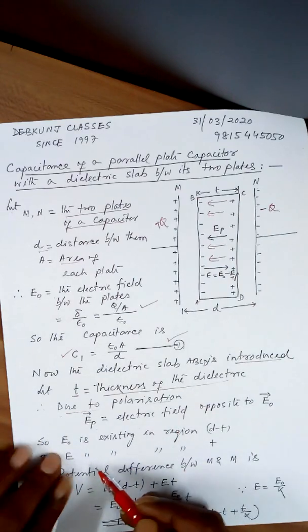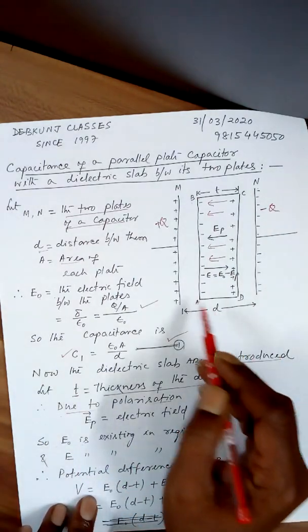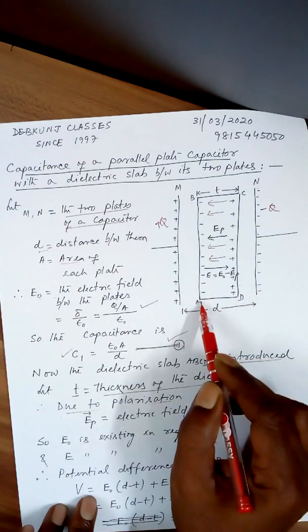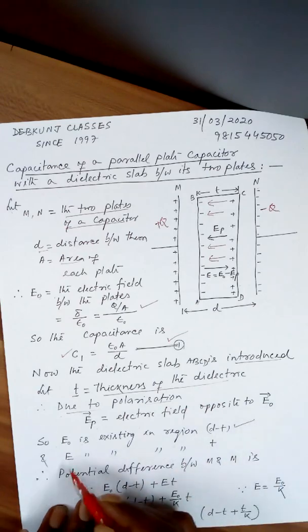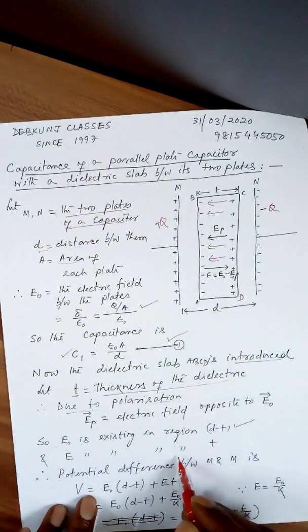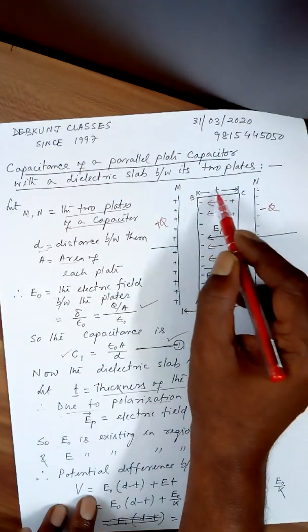So E naught is existing in the region this and this, that is d minus t, and E, which is the difference of these two, is existing in the region from here to here, that is t.